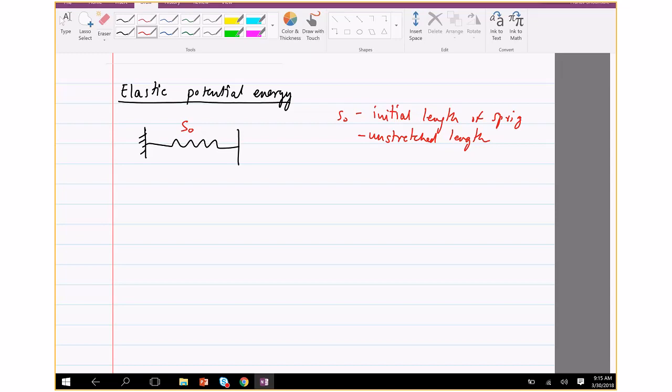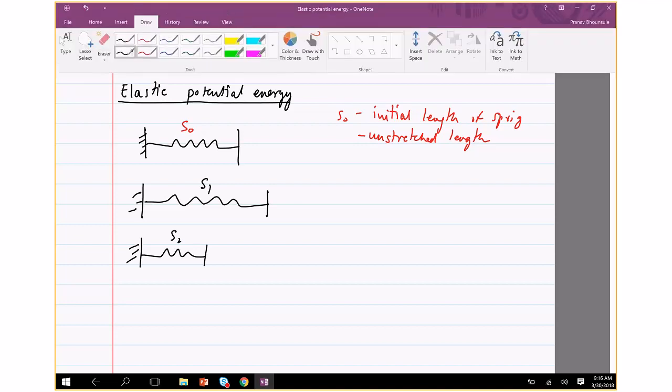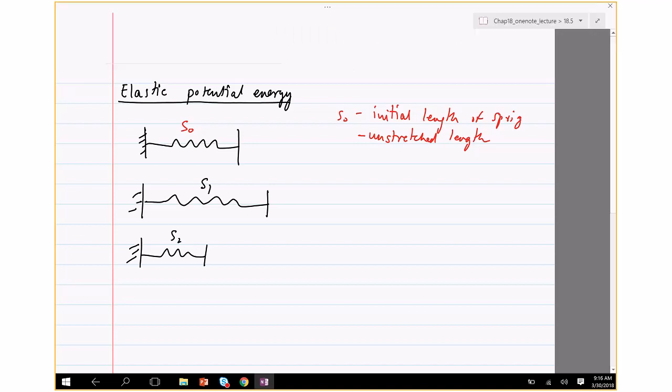Now when you stretch the spring, there will be a new length S1. If you compress the spring, there is a new length S2. Okay, the potential here is going to be half k times the length of the spring, currently it's S0, minus the unstretched length, so it's S0 minus S0, right? So it's going to be 0.